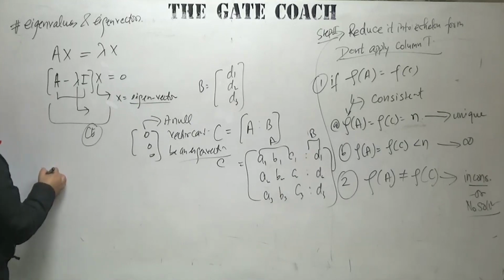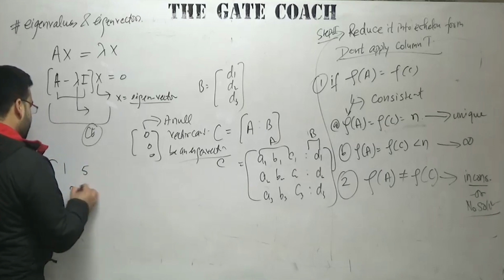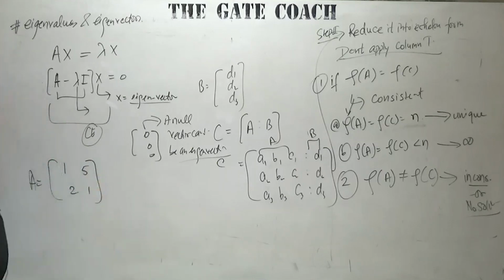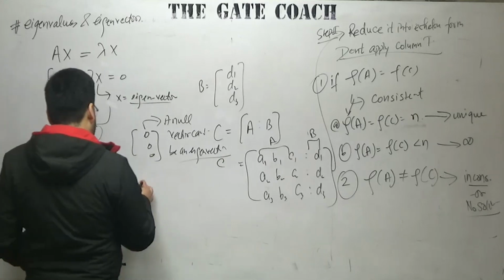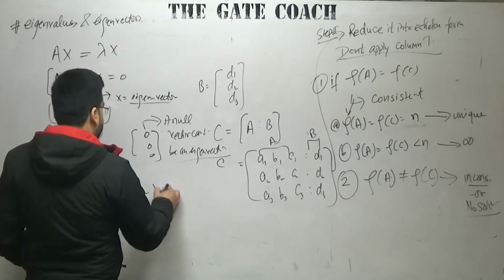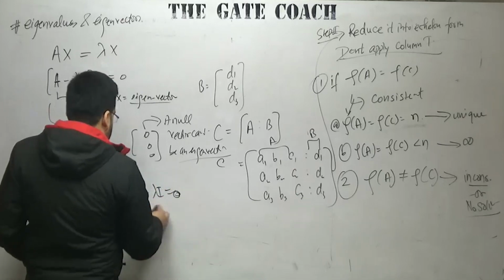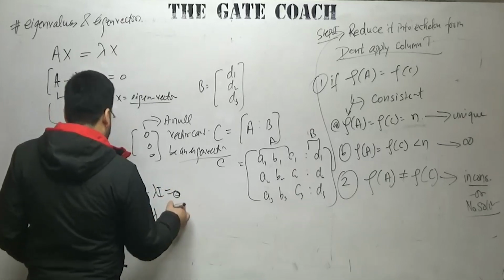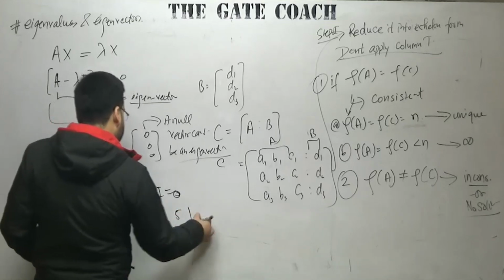So let us say that a matrix is given to you like this. Let me randomly take one matrix, 1, 5, 2, 1. How to find it? A minus lambda I is equal to 0. 1 minus lambda, 5, 2, 1 minus lambda, is equal to 0.